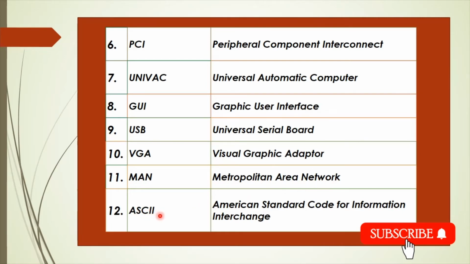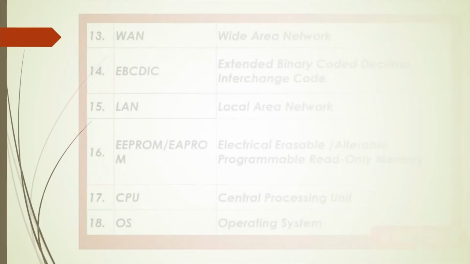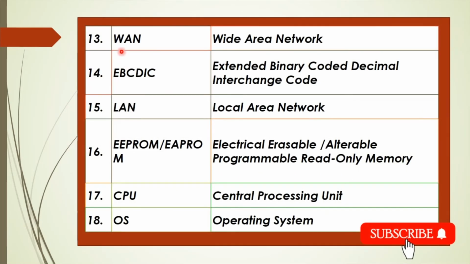ASCII, American Standard Code for Information Interchange. Now 13th one, WAN, wide area network. EBCDIC, extended binary coded decimal interchange code.